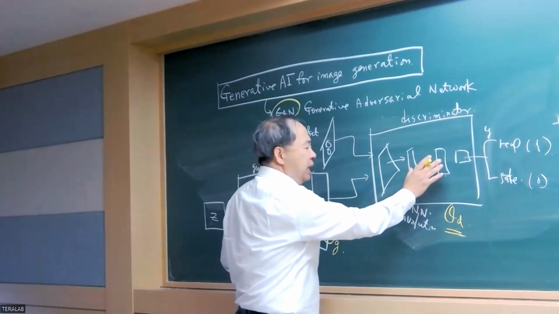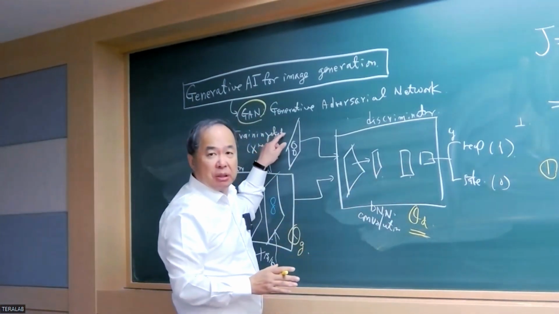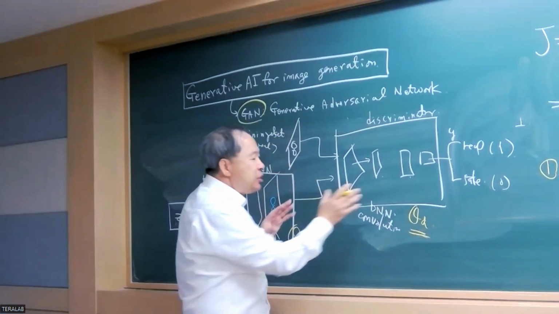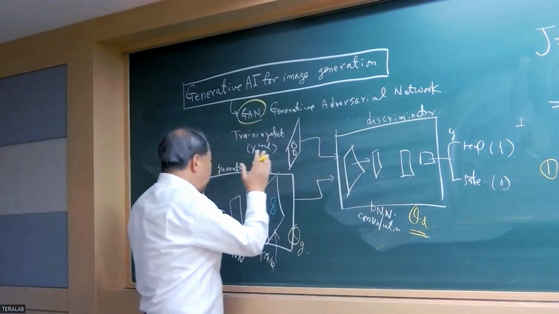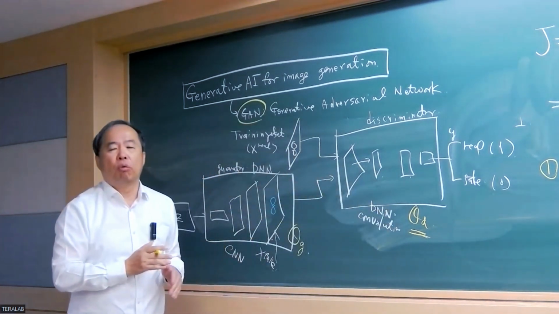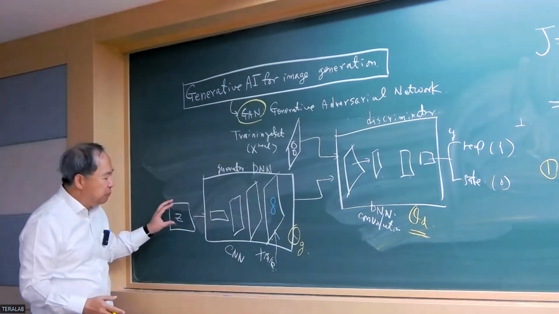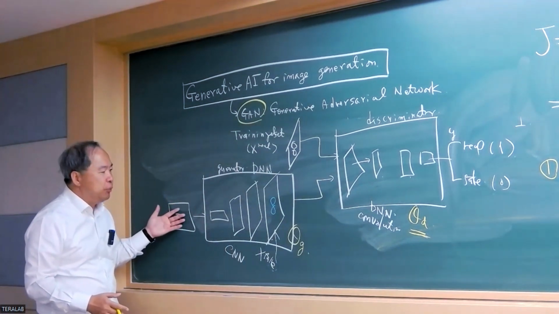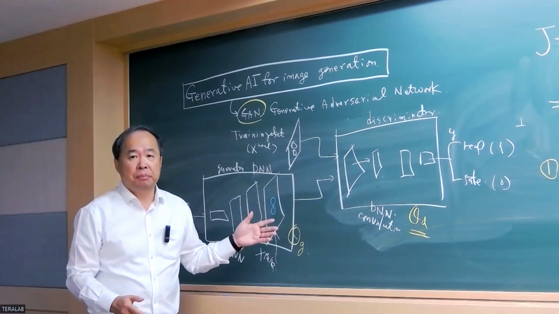The second one is the discriminator, which will determine whether it is a fake or real image. And they are trying to train the discriminator network and generator network. Once it is well trained, by manipulating the G space, we can generate new images. That is the main idea.